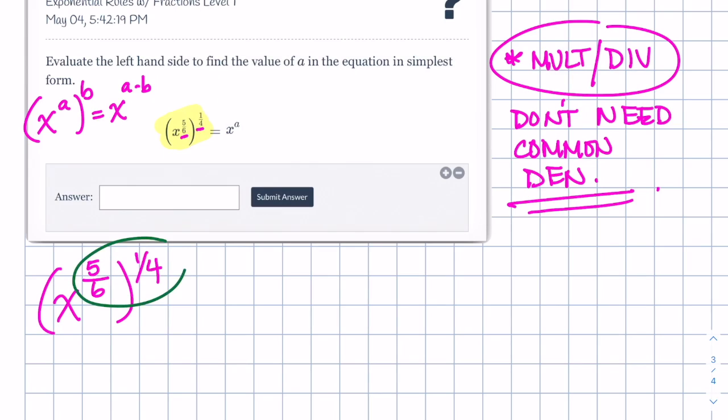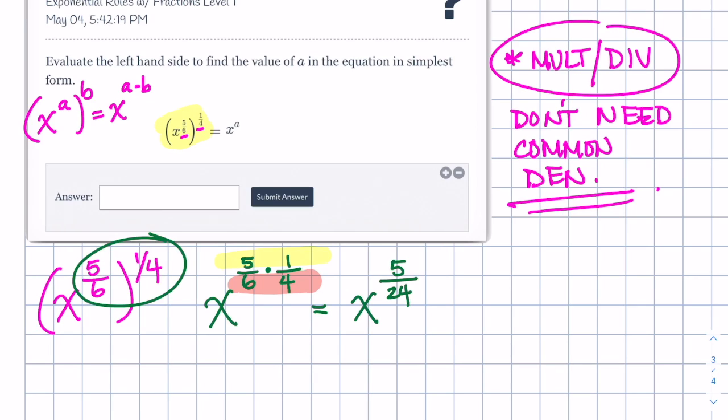So we're going to take these and we're going to make this x to the 5/6 times 1/4. And this is going to be x to the, just multiply straight across. What's 5 times 1? 5. What is 6 times 4? 24.